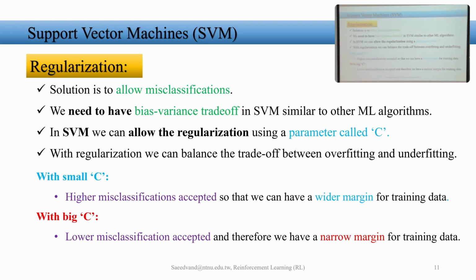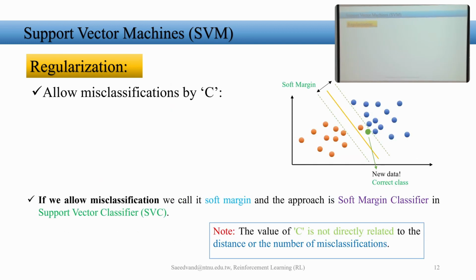Let me also add those points over there so that you can visually imagine. So we want to add a parameter C. We will see the equations and terms, and we want to use it to control the margin over there. So for allowing misclassification by C, you can also see visually that for the previous example, the data that was here can this time instead be allowed to be misclassified on purpose.